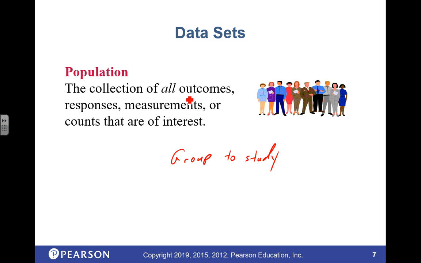Here, this book defines population as the outcomes instead of where those outcomes are retrieved from. Instead of being the people or the animals or the trees, they call the outcomes the population. And the thing that makes this population is that it's all of them. But that's not going to be our working definition.